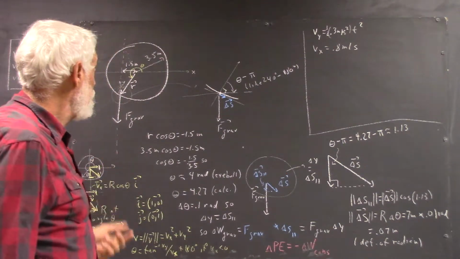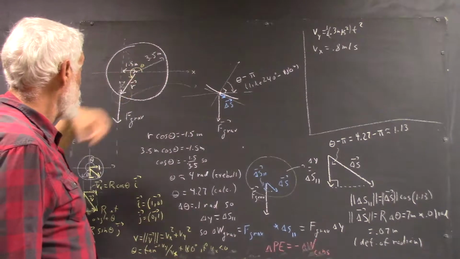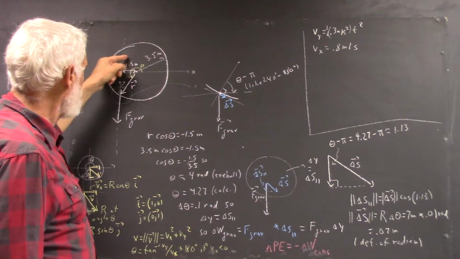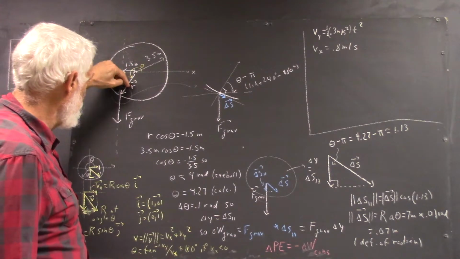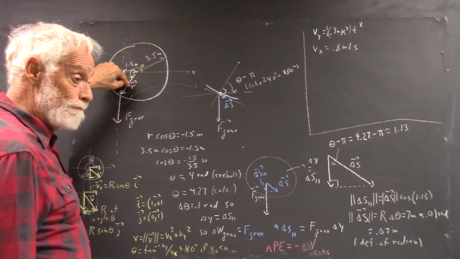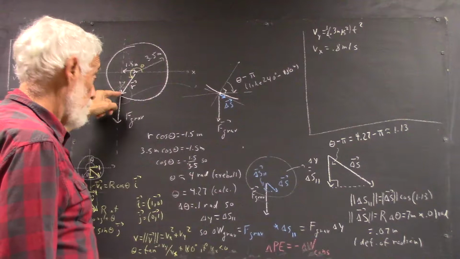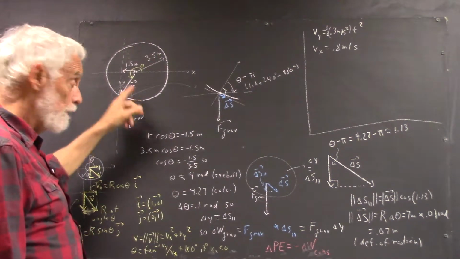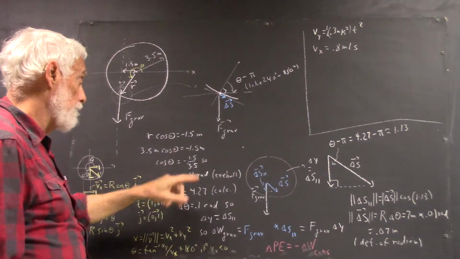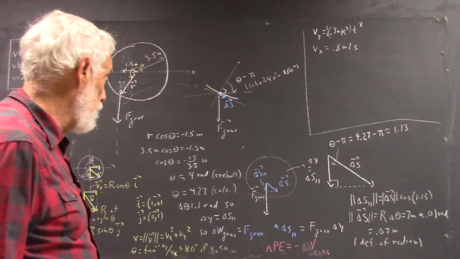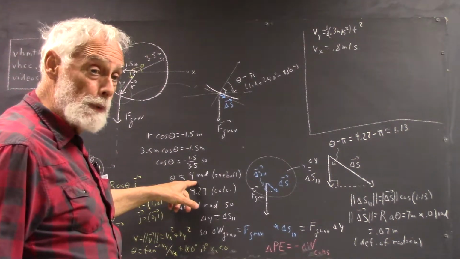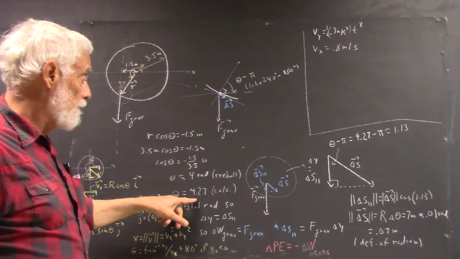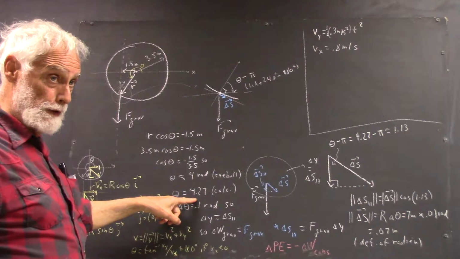The other way to determine what this angle is: if we take the angle around to here and subtract it from 360 degrees, or from 2 pi radians, we get this angle. So this solution to the equation cosine theta equals negative 1.5 over 3.5 looks to be about 4 radians, and if we run it through our calculator, we find that it's about 4.27 radians.